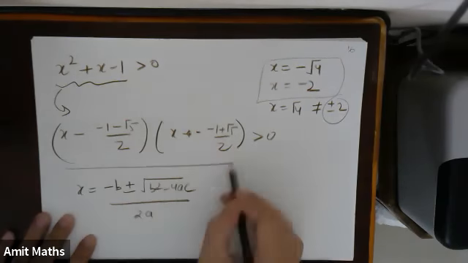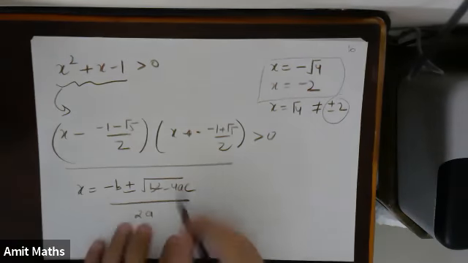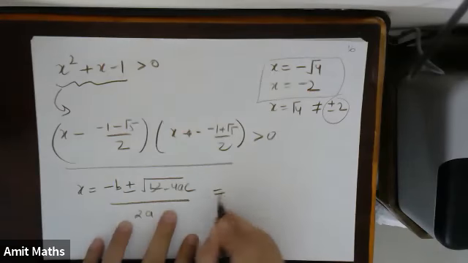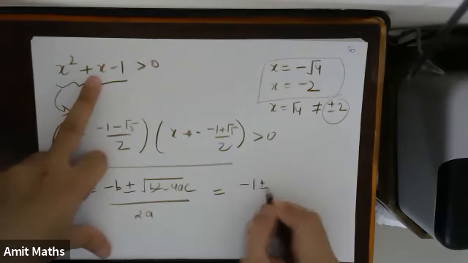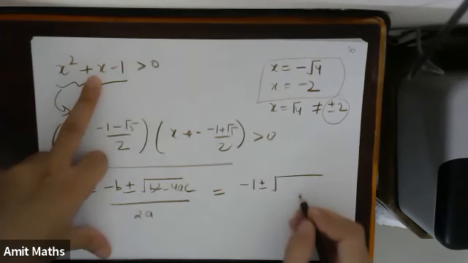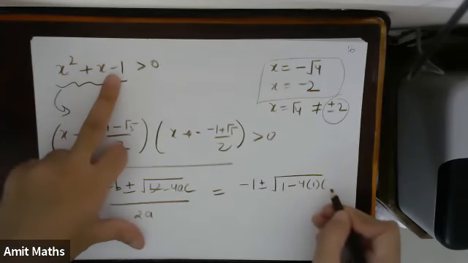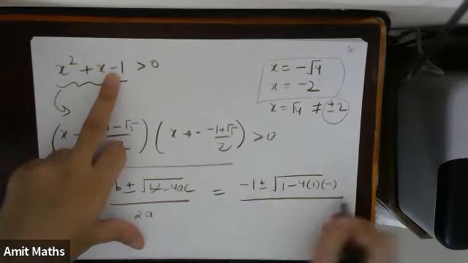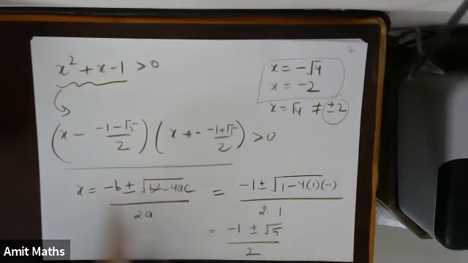From this, when you try to solve, I'll find these two roots also. What is b? b is 1. So this is minus 1 plus minus under root of b square 1 minus 4 into a is 1 and c is minus 1, upon 2 into 1. So this becomes minus 1 plus minus under the root of 5, by 2. So this becomes the root.